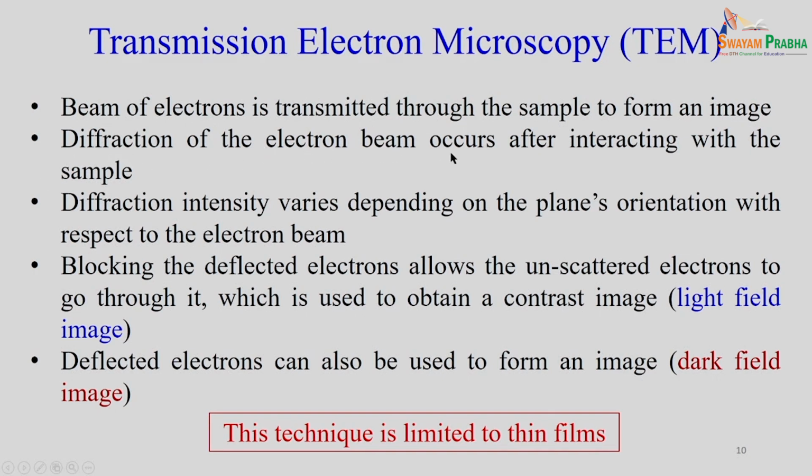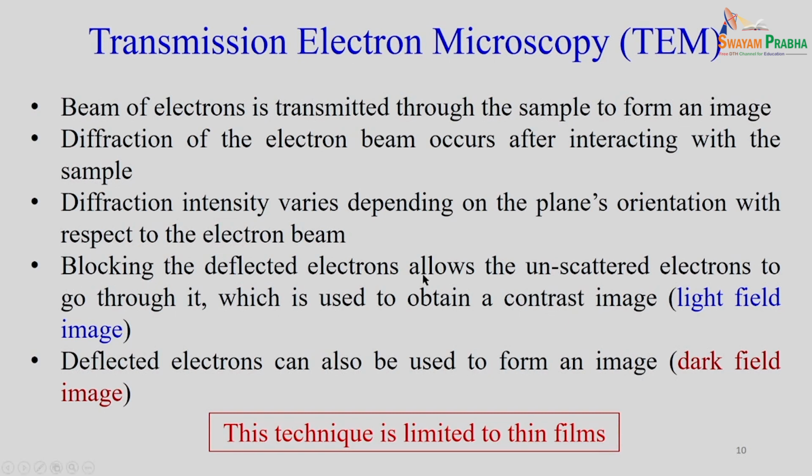The diffraction of the electron beam occurs after interacting with the sample, and this diffraction intensity varies depending on the property of the sample. So, what are those properties? The property is the orientation of the plane with respect to the electron beam.